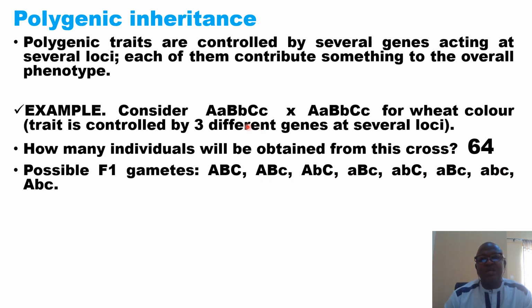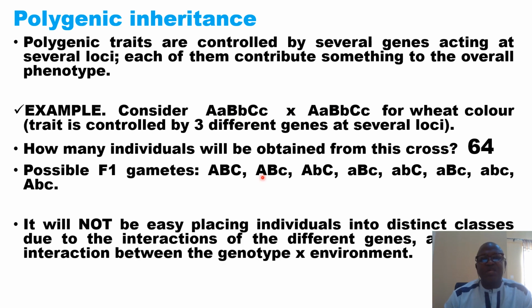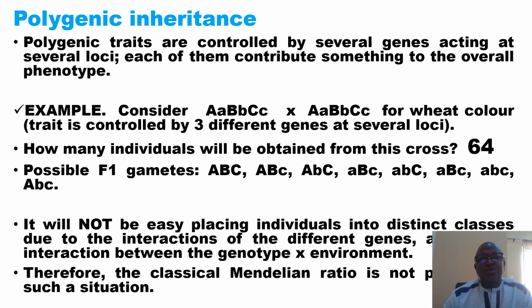Because there are so many gametes, it will not be very easy placing individuals into distinct classes because of the interactions of these different genes and also because of environment and genotype interaction. So the classical Mendelian ratio is not possible under such a situation.